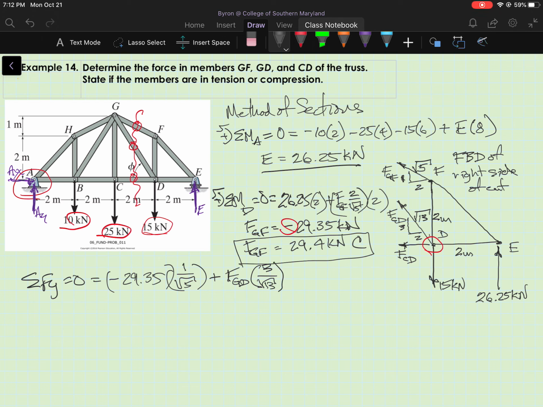Okay, minus my 15 kilonewton force at D plus the 26.25 kilonewton force at E. And I do that math, and I get that FGD equals 2.25 kilonewtons, which is positive, so that's tension.